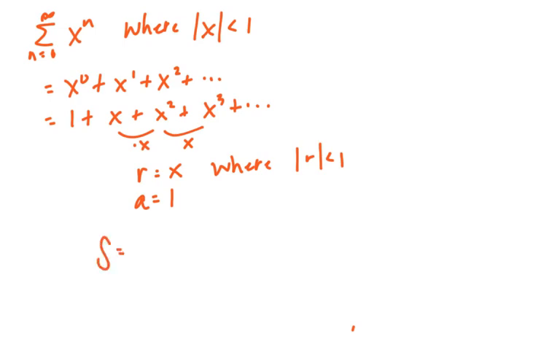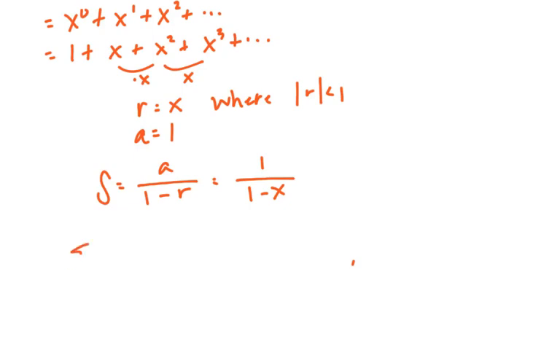The sum is a over 1 minus r, so it's 1 over 1 minus x. So we can say that the summation from n equals 0 to infinity of x to the n equals 1 over 1 minus x, where the absolute value of x is less than 1.